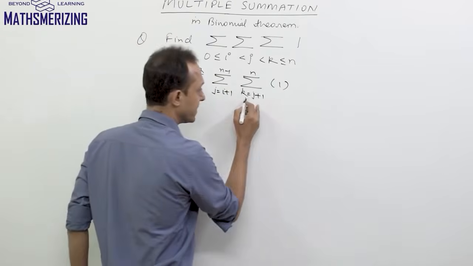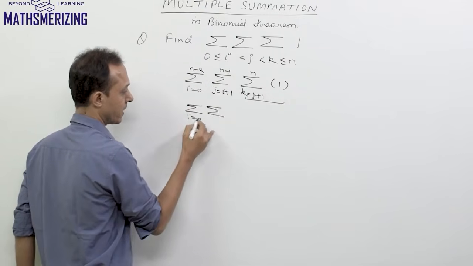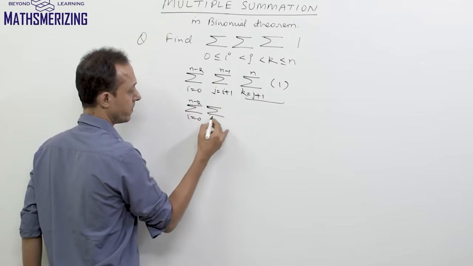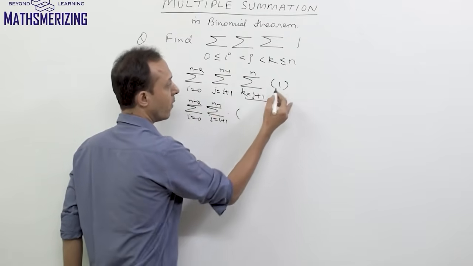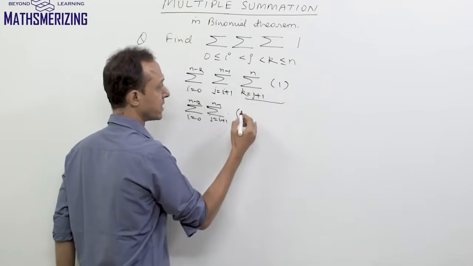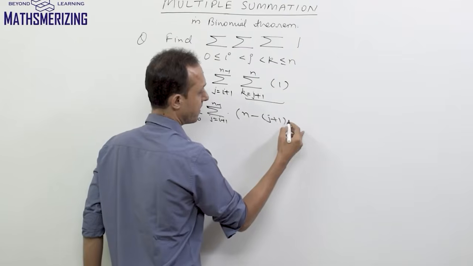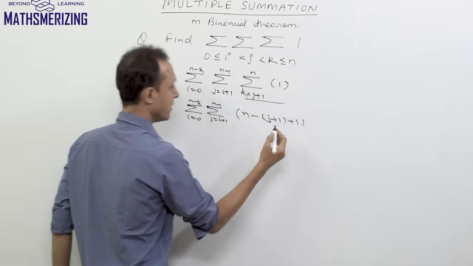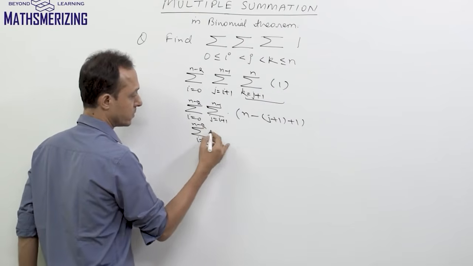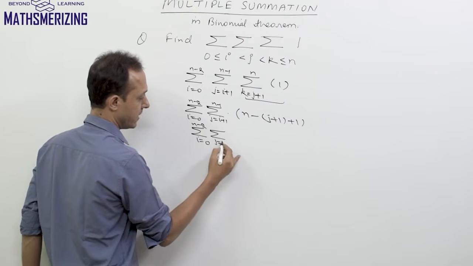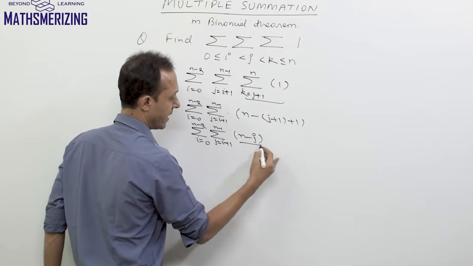Now if I find this summation 1, I can write it as summation i varies from 0 to n minus 2, j varies from i plus 1 to n minus 1, and here it will be 1 plus 1 plus 1, so the number of summation times, and there will be n minus j, so that should be summation i varies from 0 to n minus 2, j varies from i plus 1 to n minus 1, and it should be n minus j.